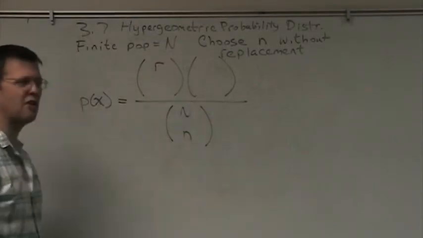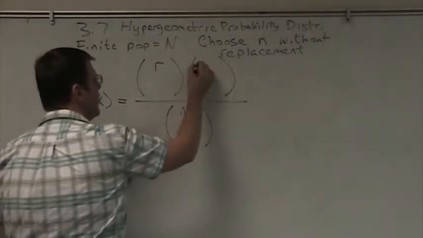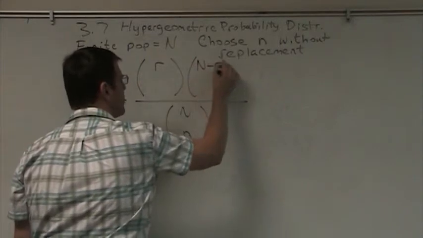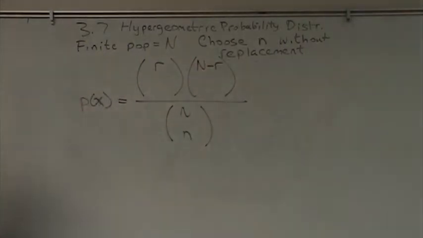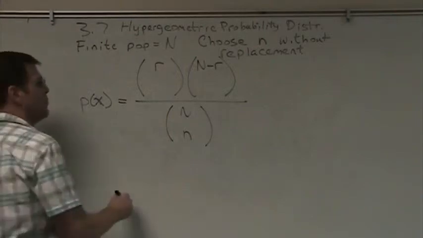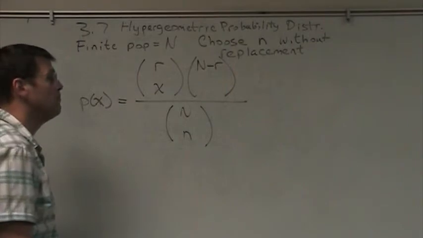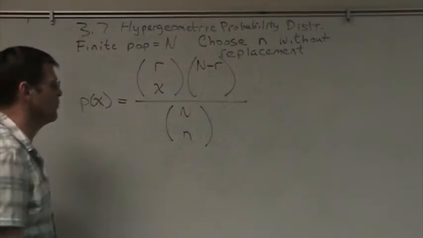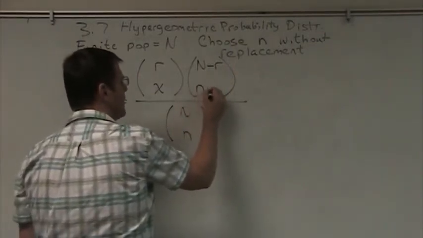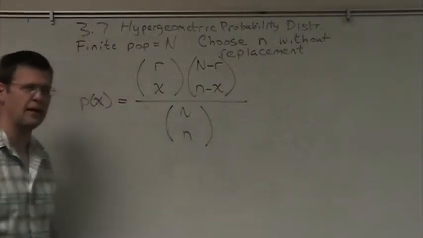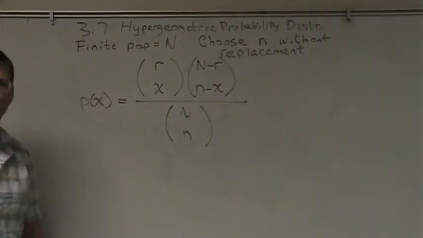One of the groups has R items in it. The other group has capital N minus R items in it. And like I said, we're interested in the probability that x of them come from group 1. And if there are x coming from group 1, then there must be little n minus x coming from group 2.